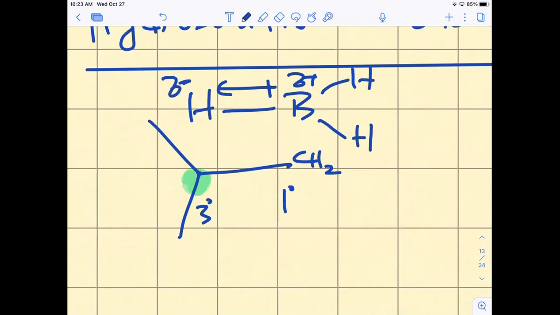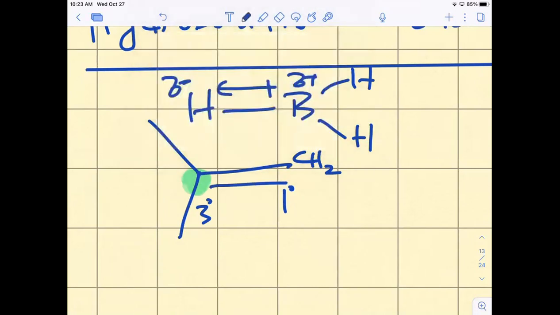The trend doesn't change. As a cation, tertiary is the best. Methyl is the worst. So it's tertiary, secondary, primary, methyl. So the reason why the hydride is lined up over the tertiary carbon is because that's more than likely where your plus charge is going to be.